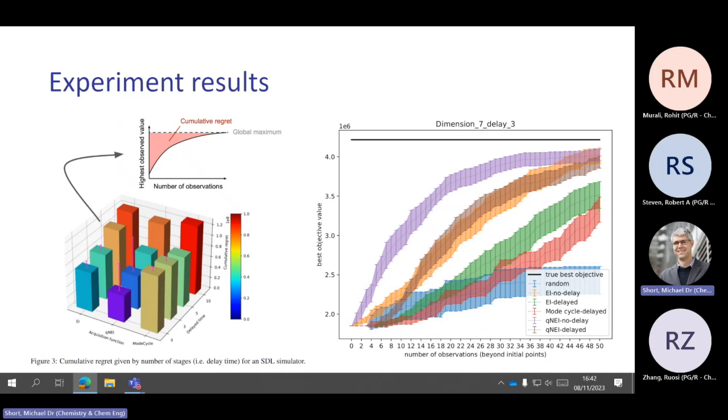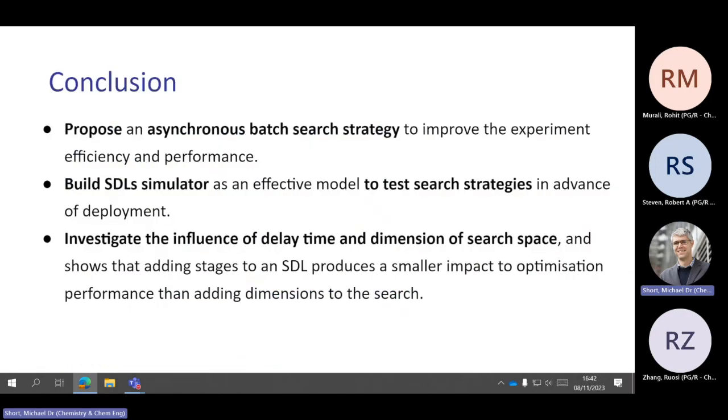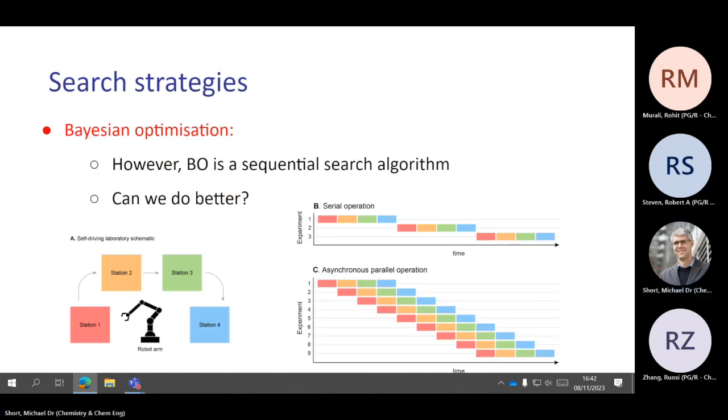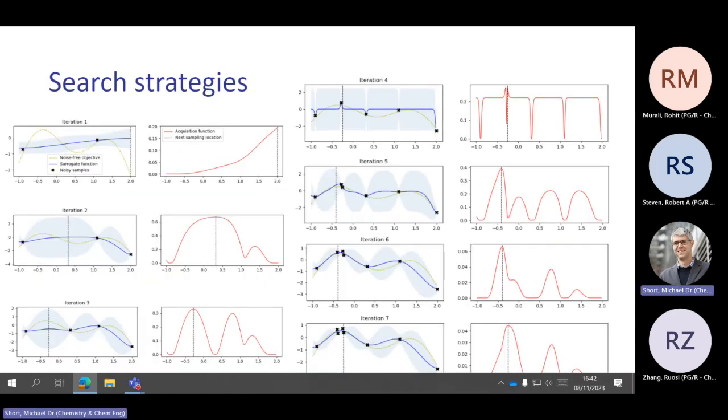Can we go back to the search strategy of the iterations? Looking at iteration 4, the uncertainty is very different from iterations 3 and 5. You can see that the acquisition function is rebuilt.